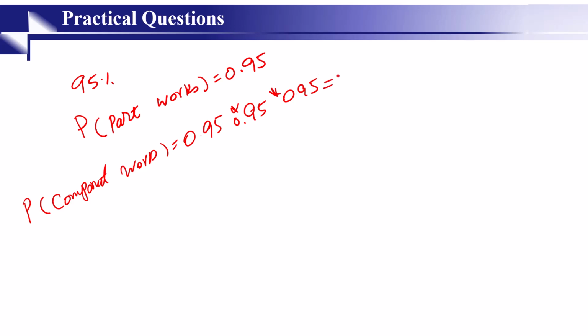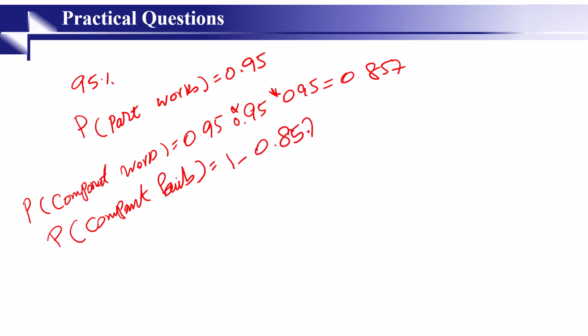And all together will be equal to 0.857 something, right? It means all three parts work. Then the probability that a component fails is equal to 1 minus 0.857, which is equal to 0.142 something.